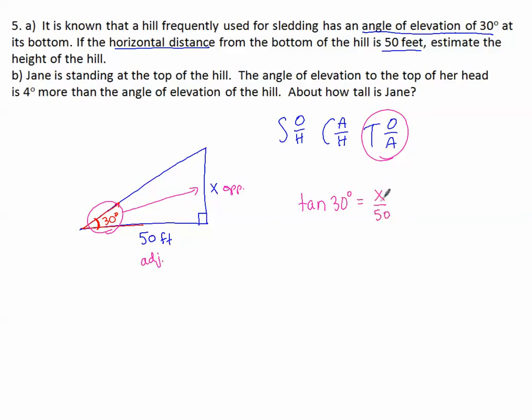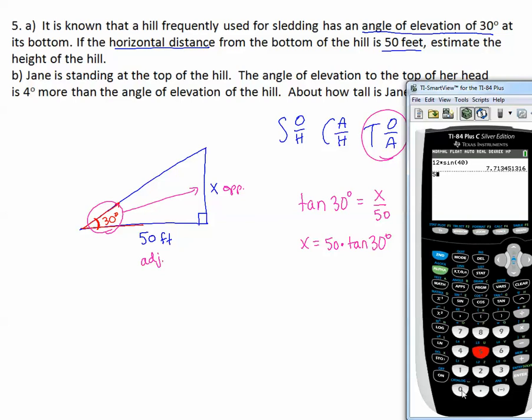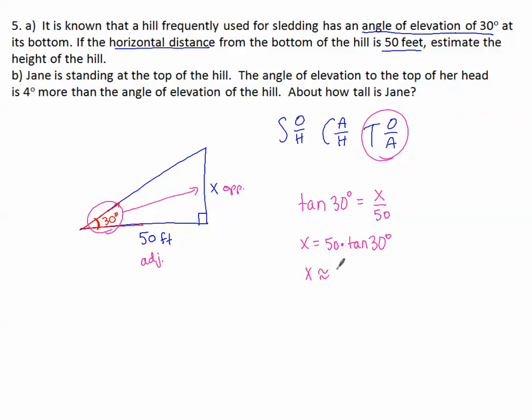Because x is in the numerator, we multiply. X is 50 times the tangent of 30 degrees. Grabbing our calculator, 50 times tangent of 30, and I get 28.9. So x is approximately 28.9.